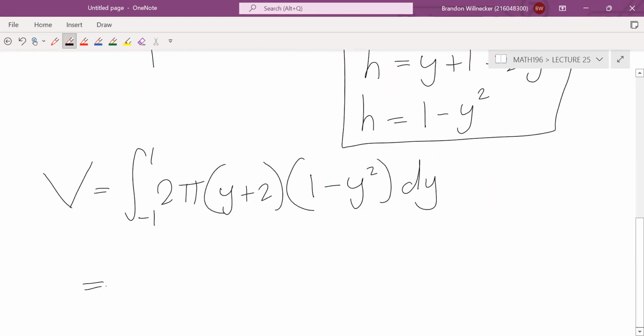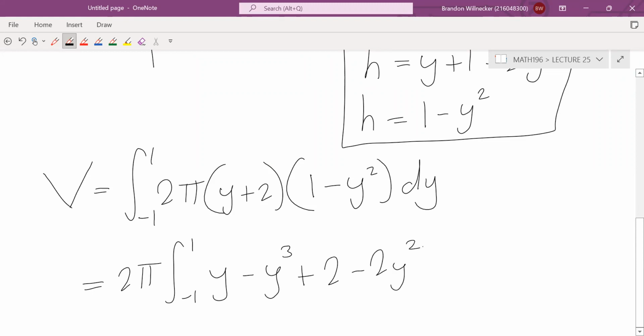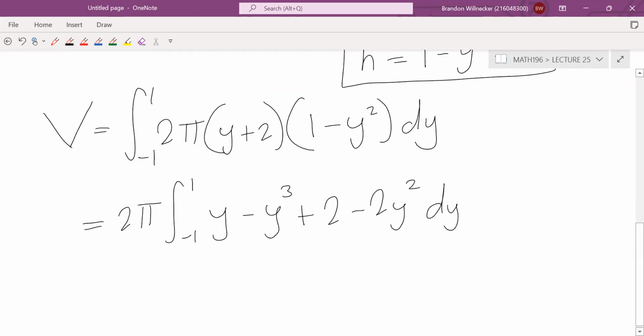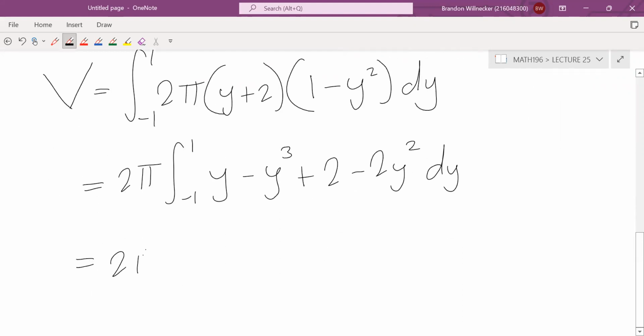So we can take the 2 pi out and expand the brackets. We're going to get y minus y cubed plus 2 minus 2y squared, dy. That's going to be 2 pi. We integrate this.